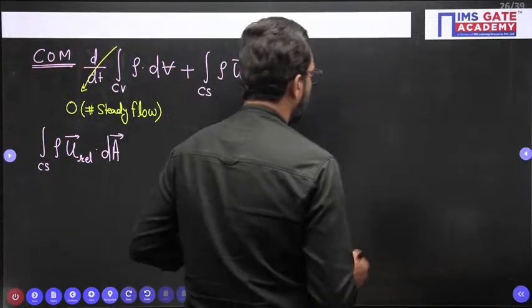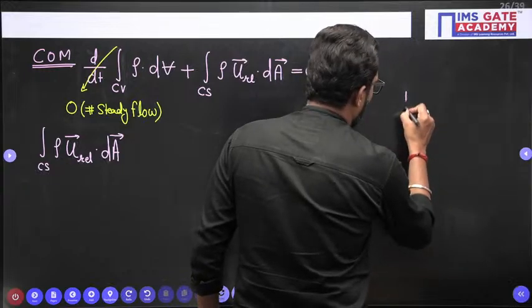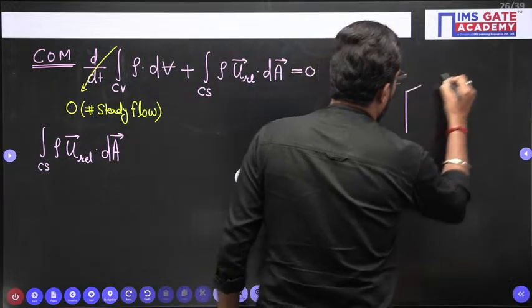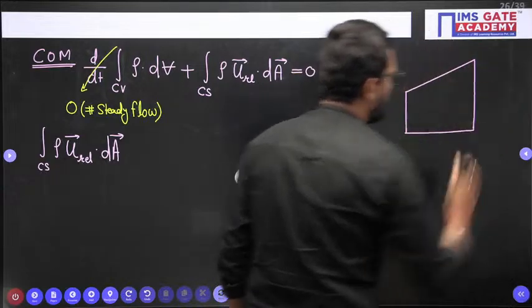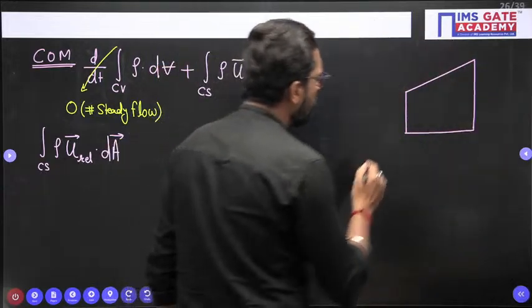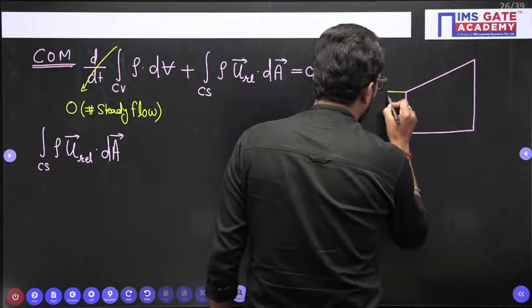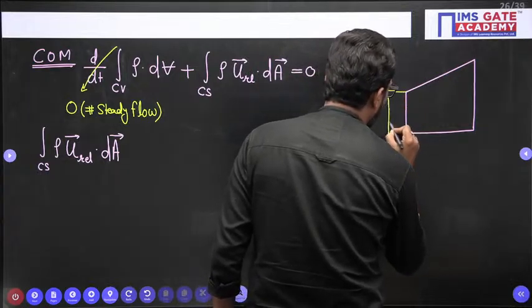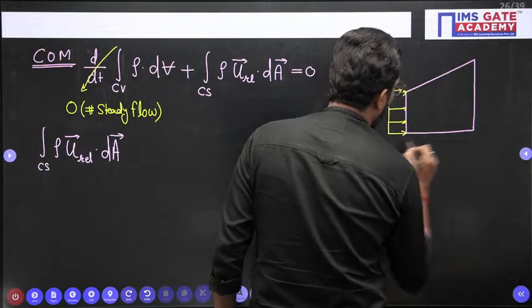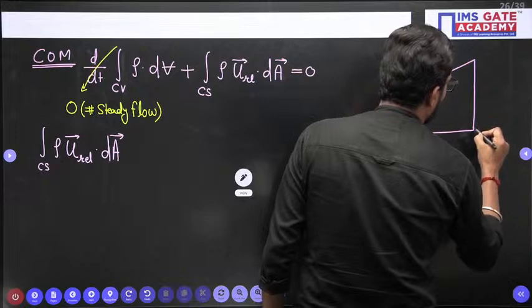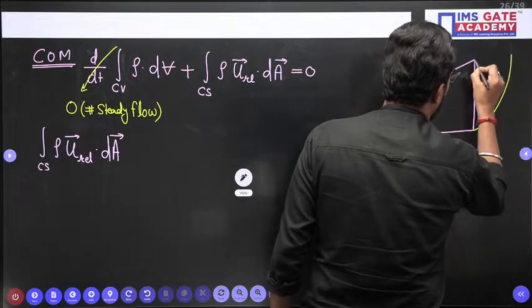See, my dear, this is our control volume. Yes or not? Here the velocity profile is linear. Yes or not? Very clear. Here the velocity profile is parabolic.